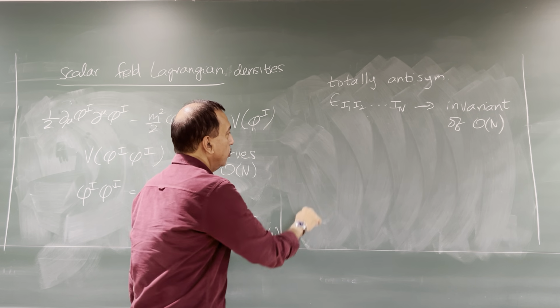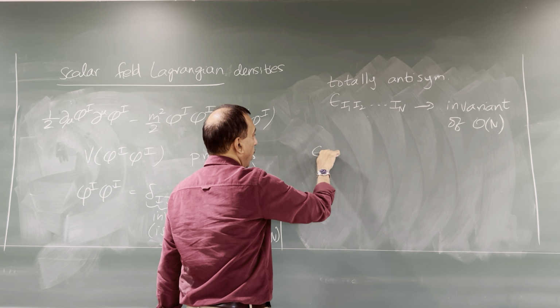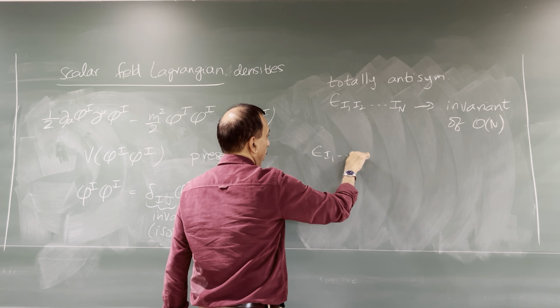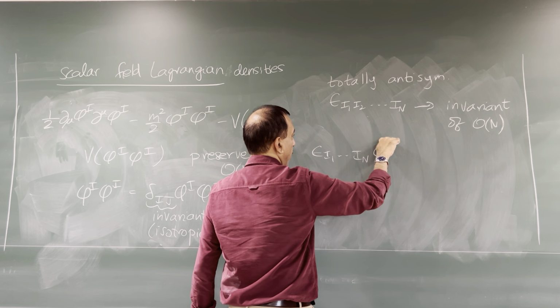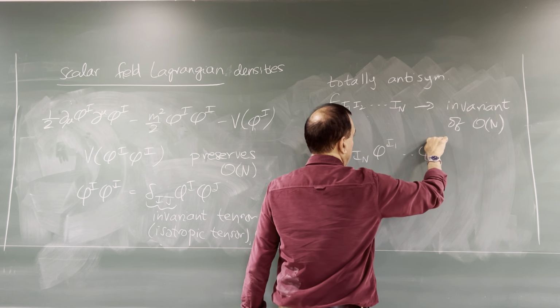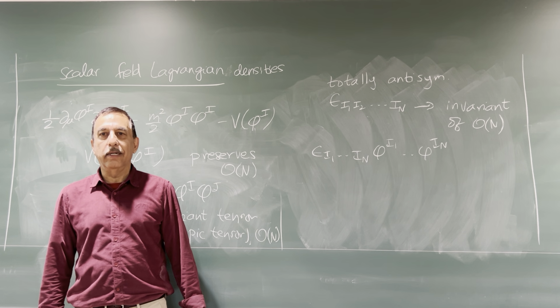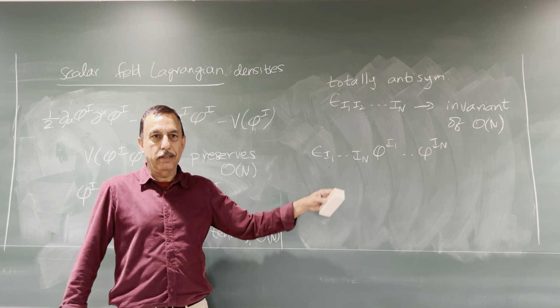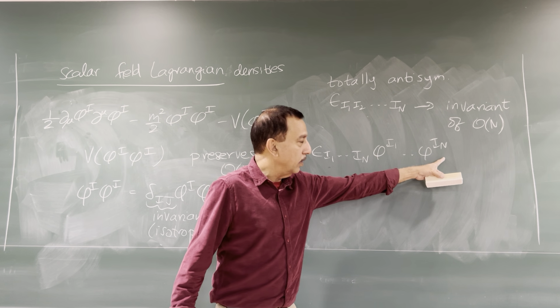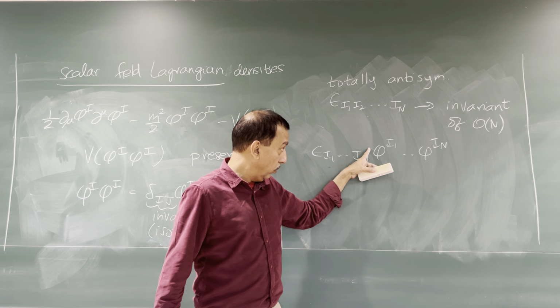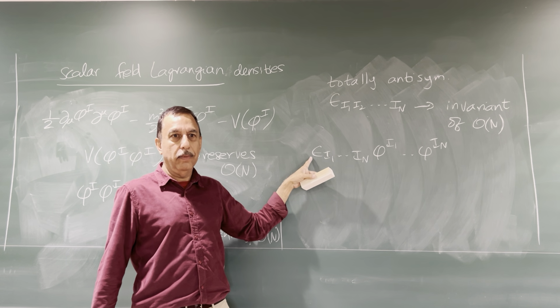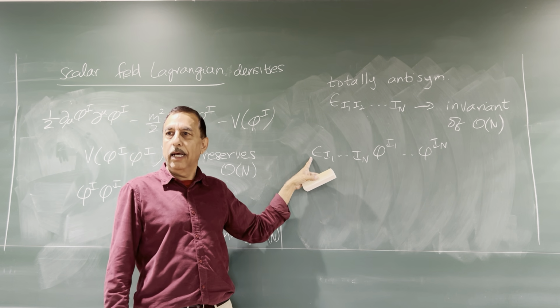And so you might try to guess an interaction like epsilon_{I1 up to In} phi_{I1} up to phi_{In}. This would be invariant under O(N) because this is invariant. If each of these transforms under O(N), then all those O matrices can be made to multiply this, and they give this back.